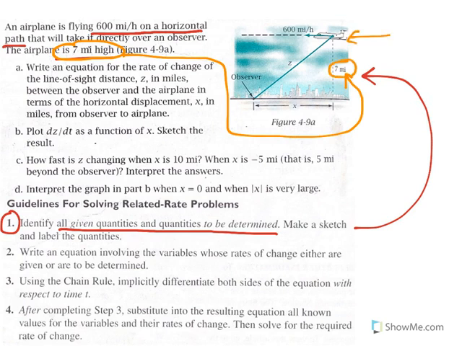And here's the airplane. And make a note of the very first sentence. This airplane is flying 600 miles per hour on a horizontal path that will take it directly over an observer. So here's the observer, a human, a person, who's looking at the plane as it is flying towards him or her. And the very first sentence gives a rate.